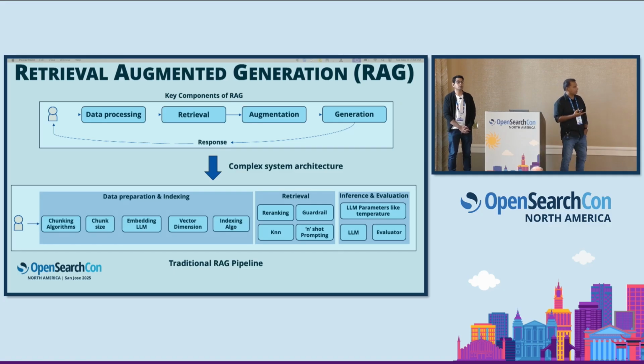So in each key component, there are multiple steps and knobs that you need to look at, understand, and tune to get the best out of these RAG systems. That means the people who are working on it need to have the deep expertise to understand the retrieval concepts.